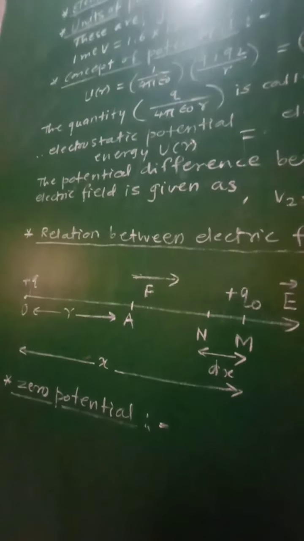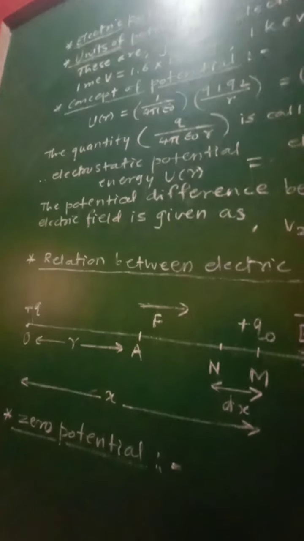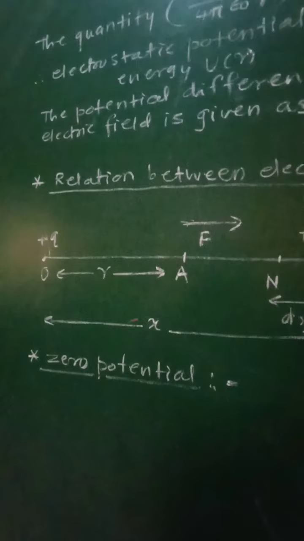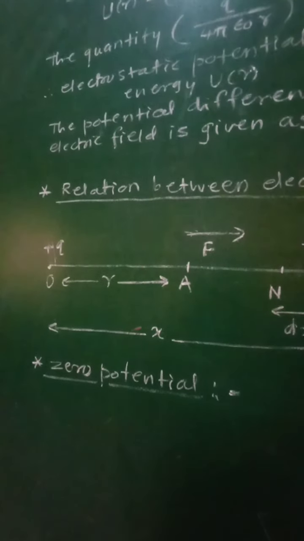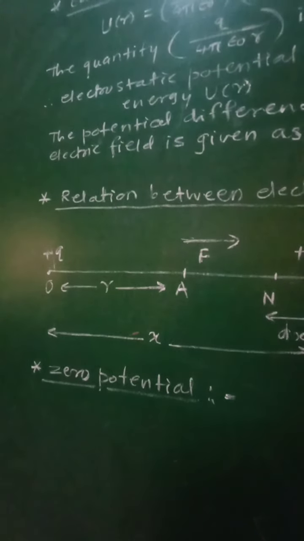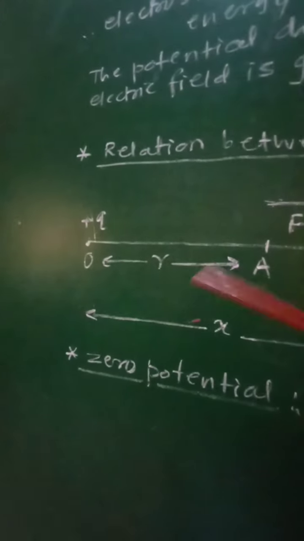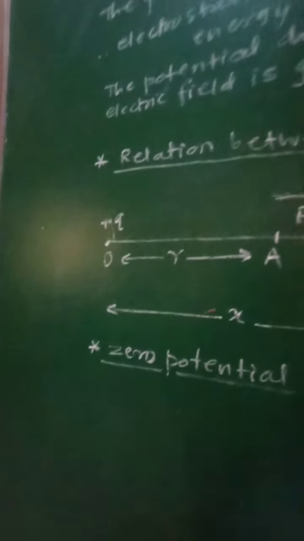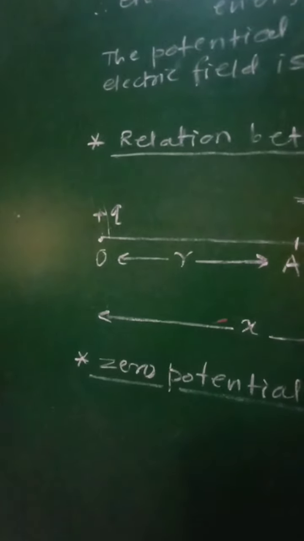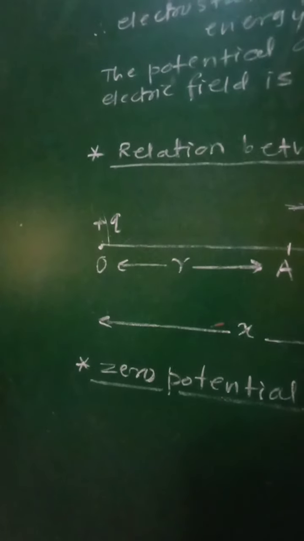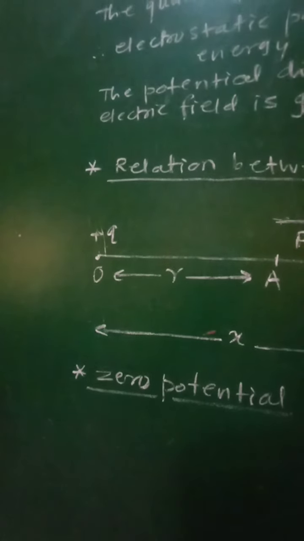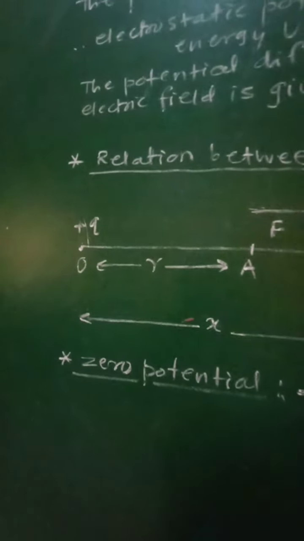In order to obtain the relation between electric field and electric potential, let us consider a charge plus q placed at point O. This charge will be considered as the source charge, which produces electric field around it.